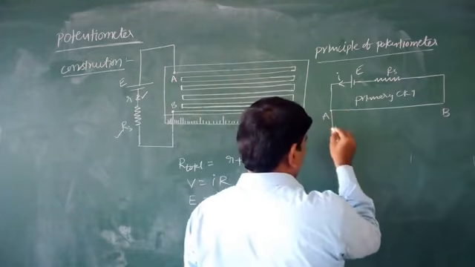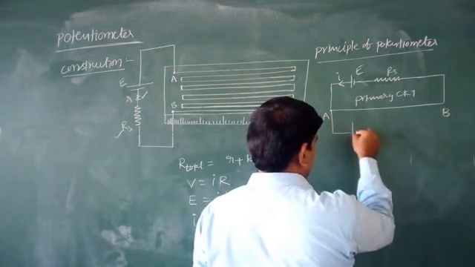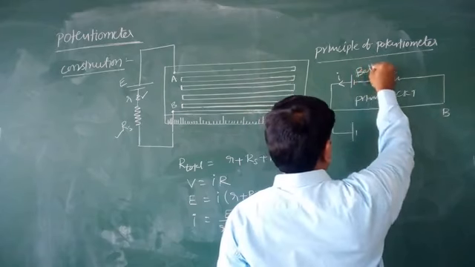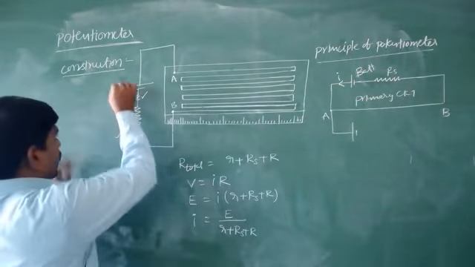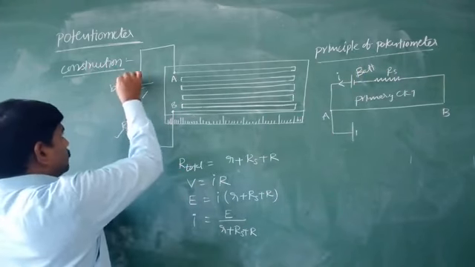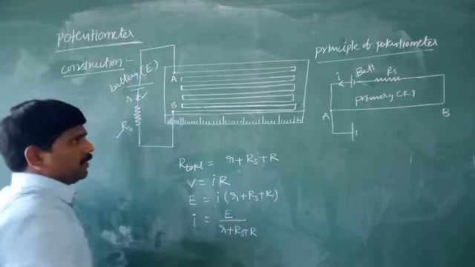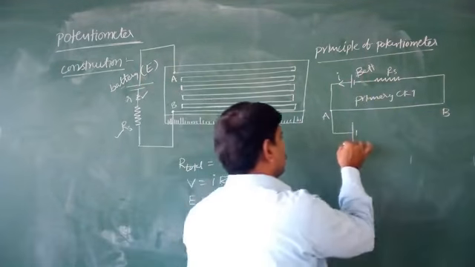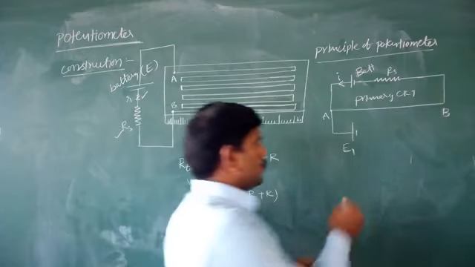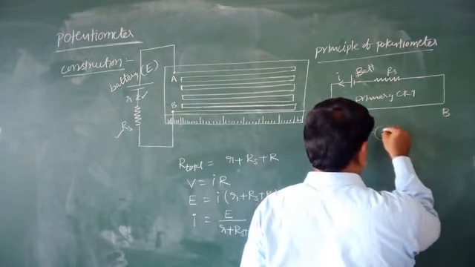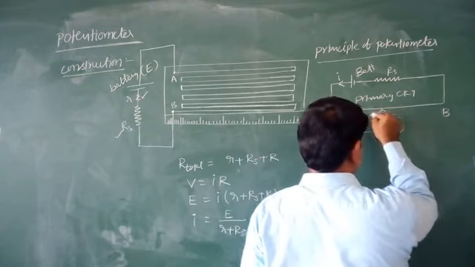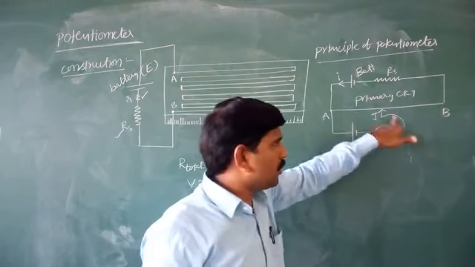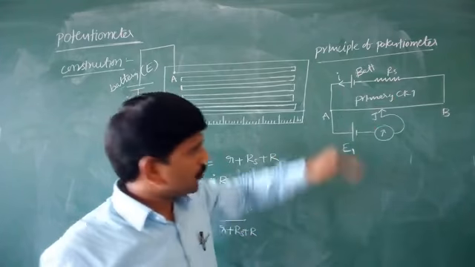Now, if you take another battery, a cell having EMF E1, it is connected to the galvanometer and that is connected to the jockey J. Below the potentiometer wire, this circuit we call the secondary circuit.